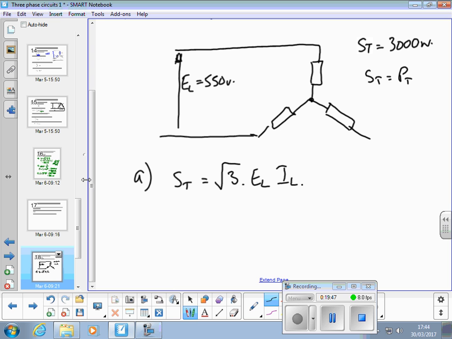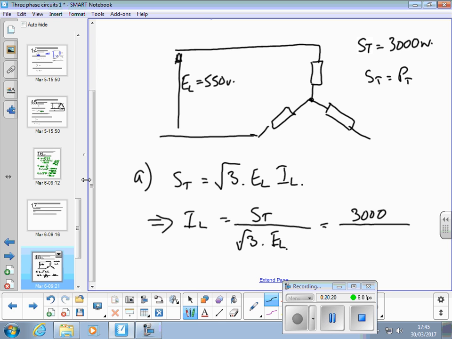So we can rearrange that, divide by root 3 times EL, and we get IL is equal to ST over root 3 EL. Then when we've done the rearrangement, put the numbers in: 3,000 divided by root 3 times 550.